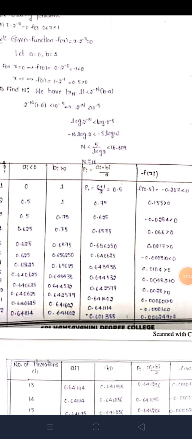Next, i equals to 6. a6 equals to 0.625, b6 equals to 0.656250. Next, p6 is equal to (a6 plus b6) by 2 is equal to 0.640625. Next, f of x6 or p6 is equal to minus 0.000810. This is less than 0.